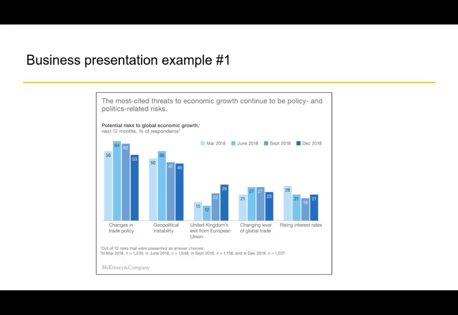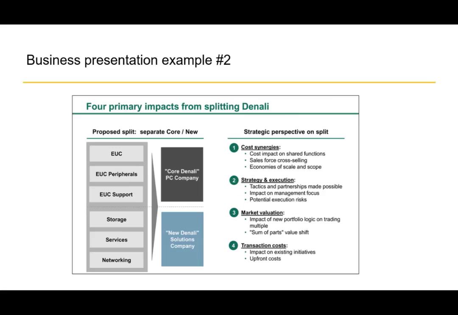It's actually even better to adjust, to edit your data so it supports exactly your message. Overall, I would say this is a pretty decent slide. Clear message, supporting evidence, supporting data to support your message. Pretty strong.